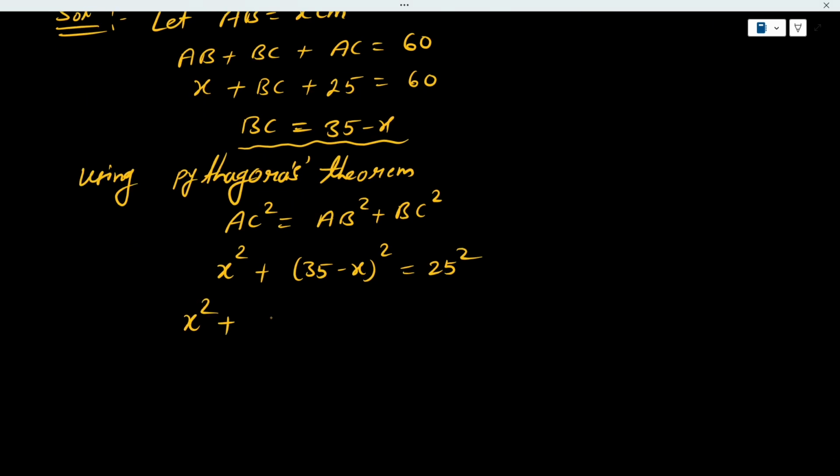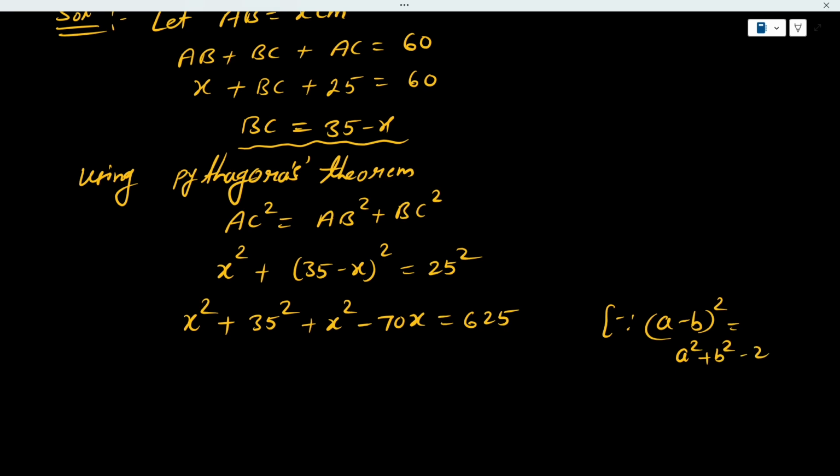Start solving it. Make sure you don't make any calculation error. This is a square plus b square minus 2ab, equals 625. 25 square is 625. Whatever identity you are using, you need to mention that, okay? After that, what is 35 square? It is 1225, and this one will become 2x square, because x square plus x square is 2x square.